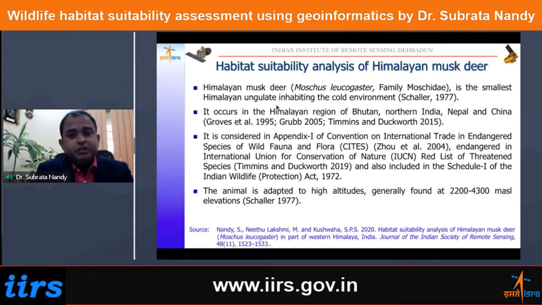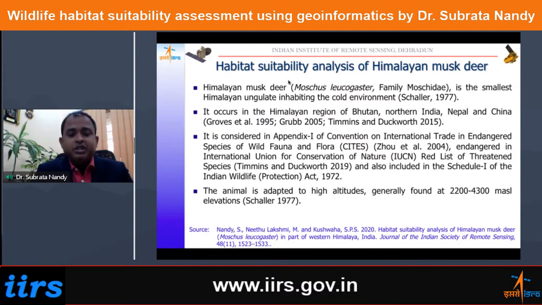So regarding the habitat suitability of, let's say, musk deer, here we have done a study where we have mapped the habitat suitability of Himalayan musk deer. This is the smallest Himalayan ungulate, living in the cold environment.